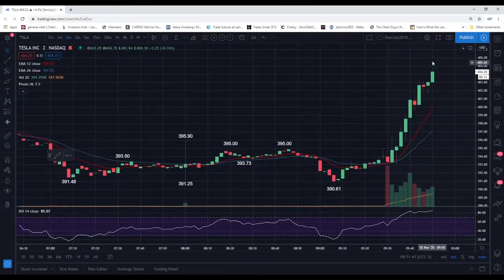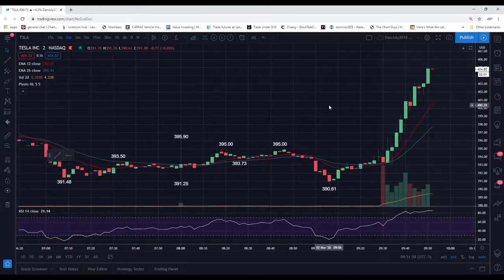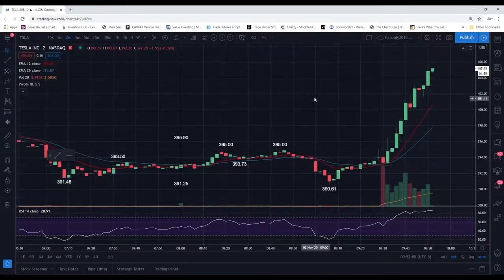So if we go up to 405.50, let's say I enter an initial short, and then if from there we start a 2-minute consolidation, I will exit half of my short on that 2-minute consolidation, knowing that we are going to form a 2-minute high or low next time we consolidate. It's just a question of whether or not the bulls are able to break this resistance on the first attempt, as it is quickly approaching.